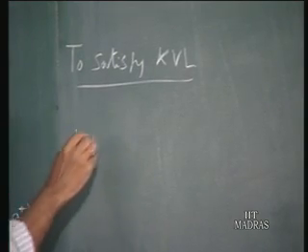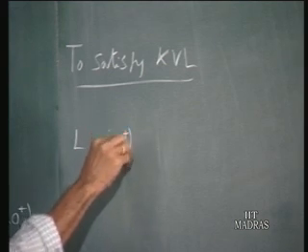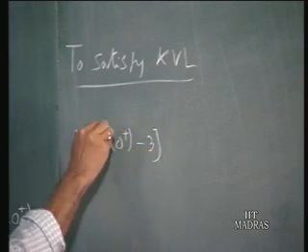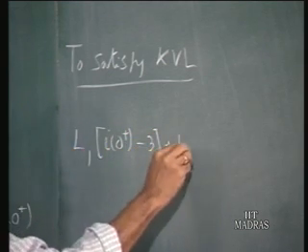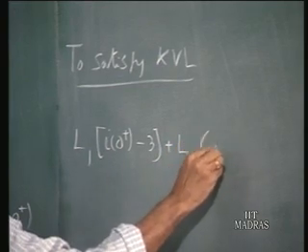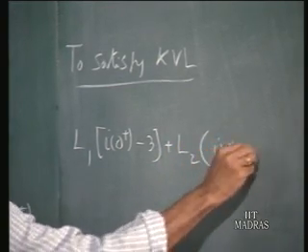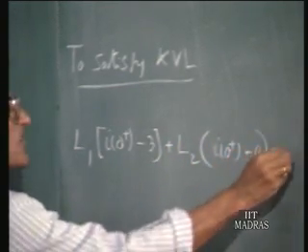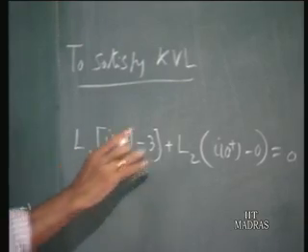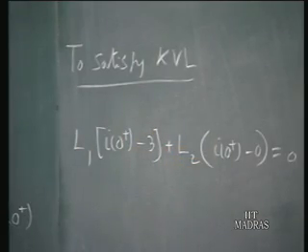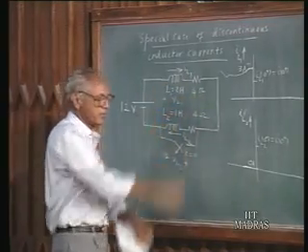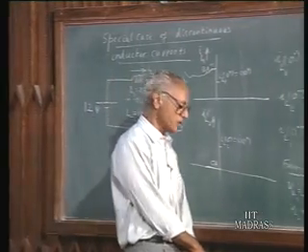So, L1 times (I0+ minus 3) plus L2 times (I0+ minus 0) must be equal to 0, because the strength of this impulse plus the strength of this impulse, VL1 plus VL2, must be equal to 0. The two impulses must add up to 0.